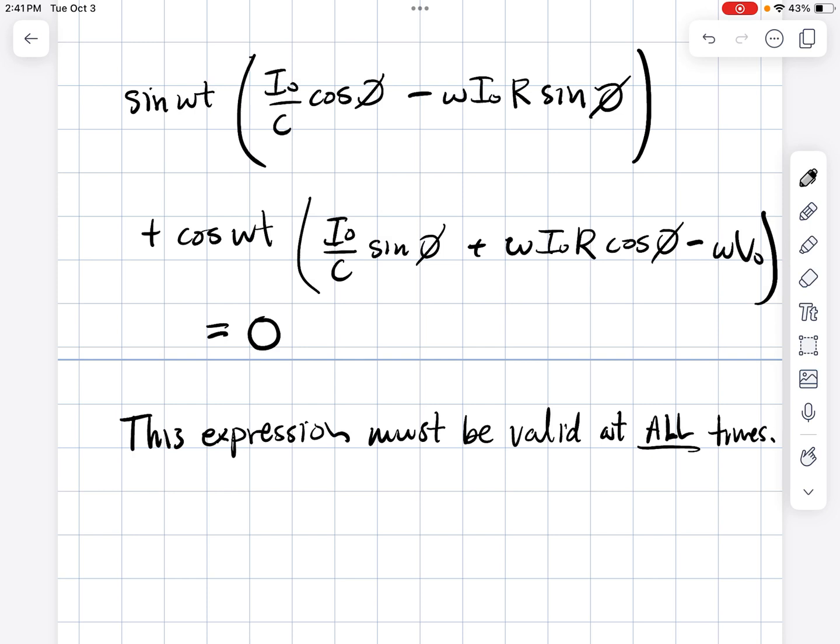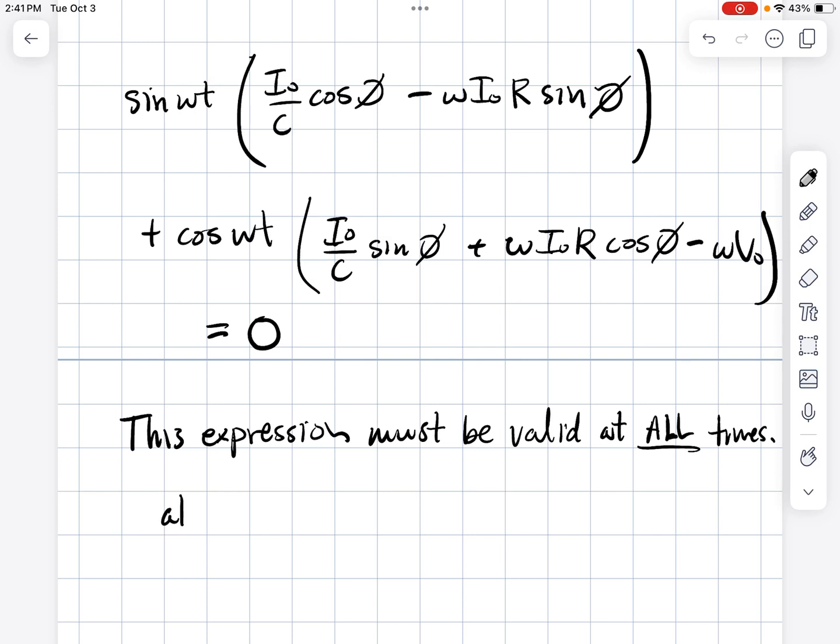But there is a particular time where the sine omega t term is going to be 0 and the cos omega t term is not 0. For example, t equals 0, sine is going to be 0 and the cosine will be 1.